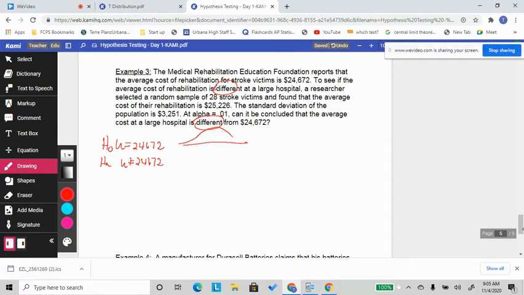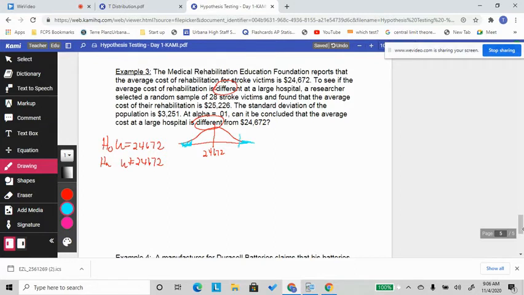We're going to put 24,672 in, and then it is different, so we have to shade both the left and the right. Don't look at your sample data for this. Look in the words, your keywords. Different means we don't know if it's greater than or less.